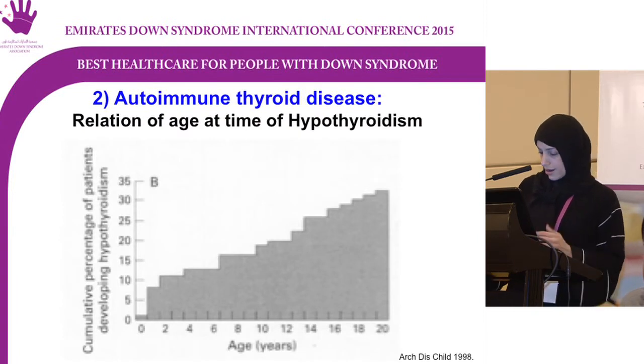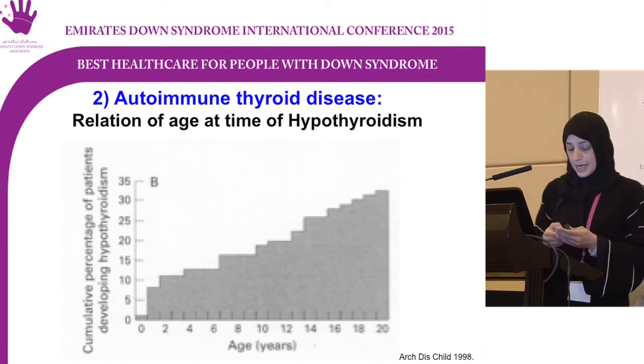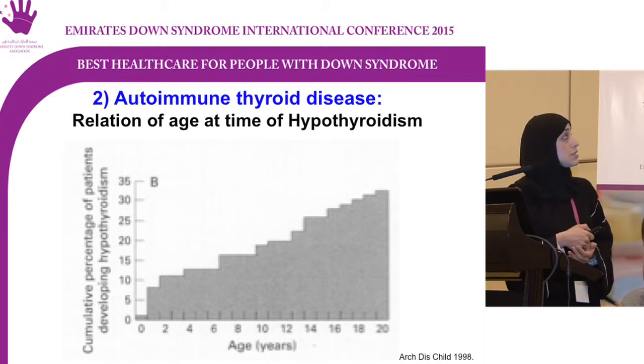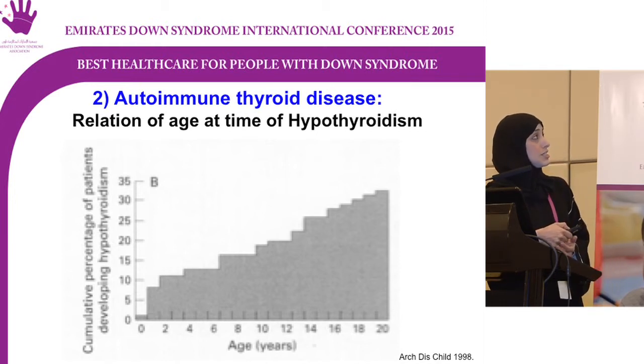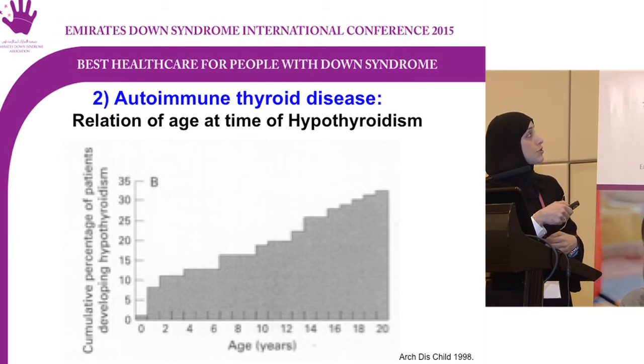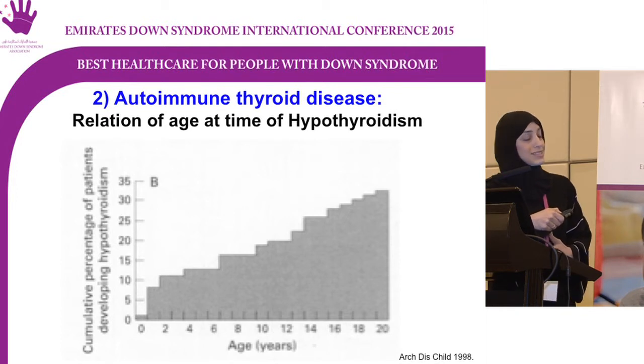This graph shows the relation of age and the progression of hypothyroidism. These are 28 patients with Down syndrome who have been followed, starting around the first year of life, and this is the cumulative percentage of patients developing hypothyroidism. You can see that as the kids get older, the incidence of hypothyroidism increases.